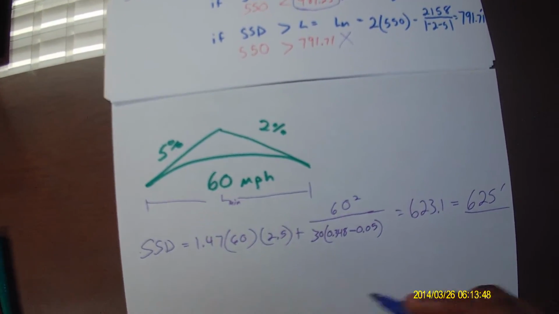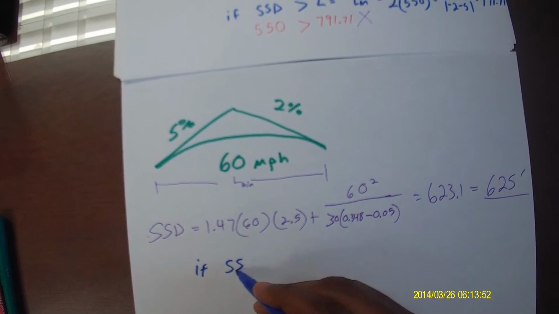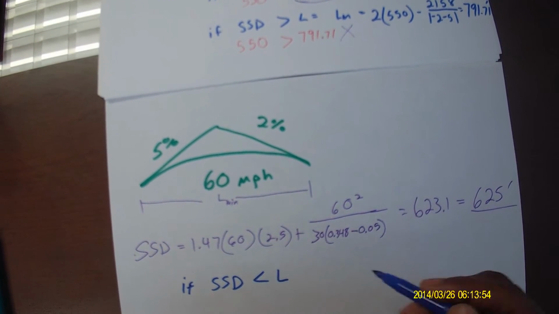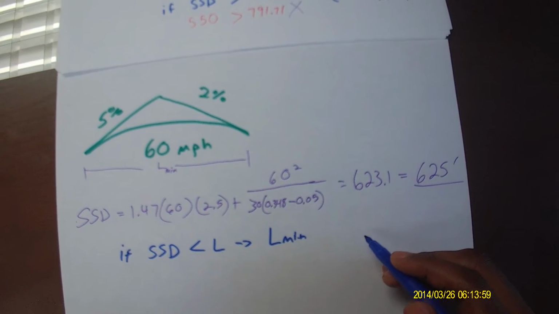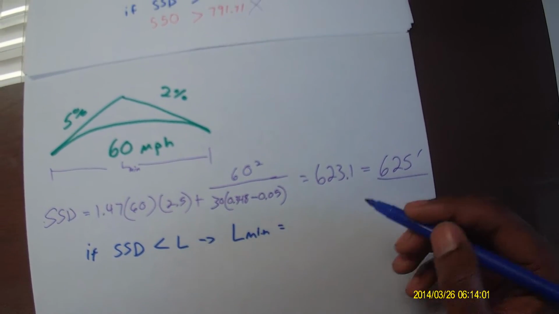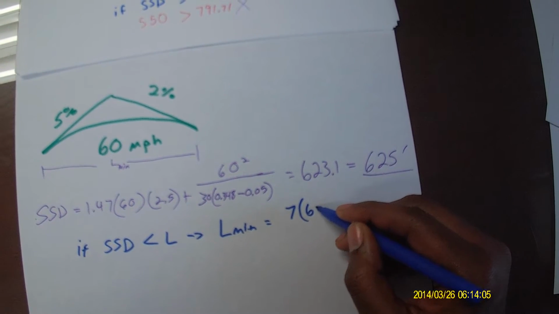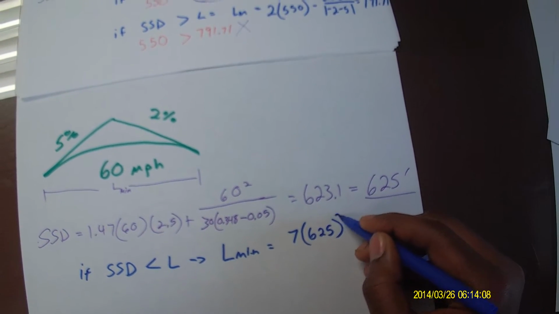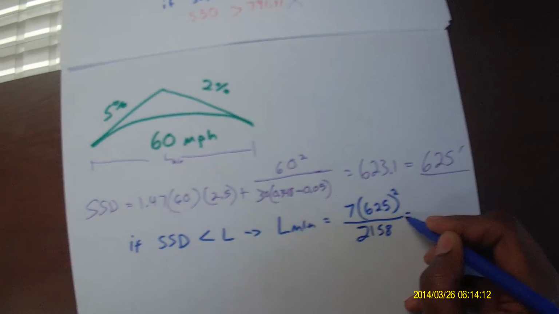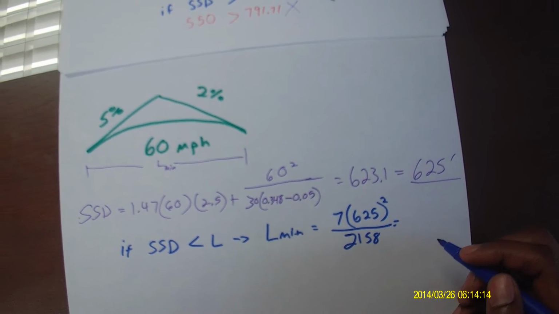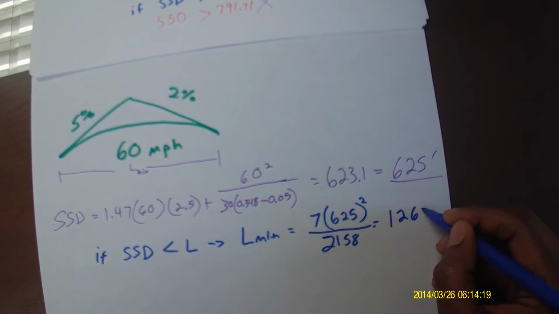Okay, so if SSD is less than L, then my L min equation is going to be equal to 7 times 625 squared, divided by 2158, and I end up getting an answer of 1267 feet.